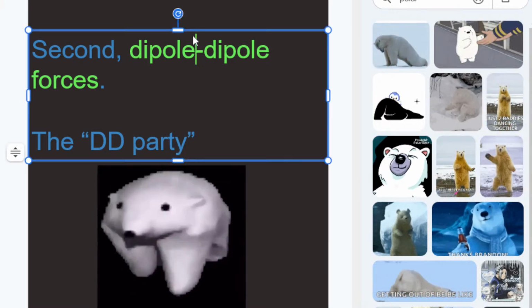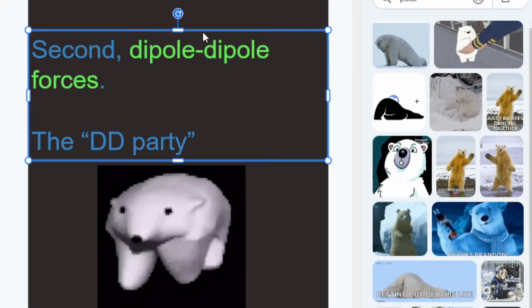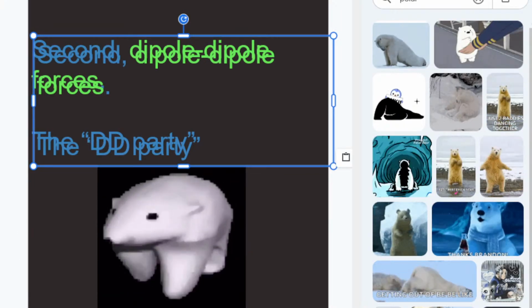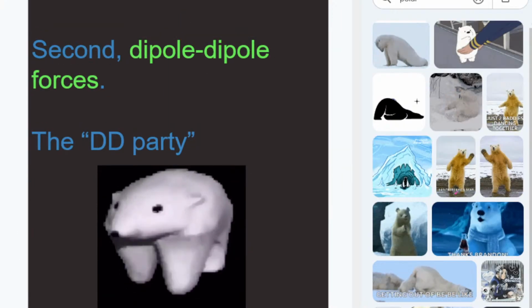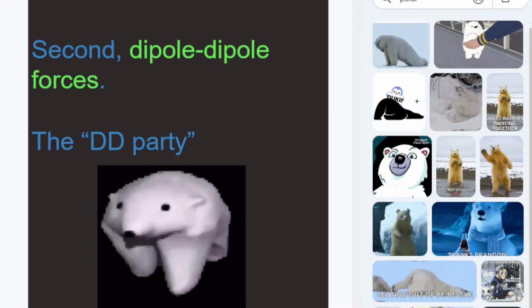Okay, then we move into... Where can this be? Right at the bottom of that image.